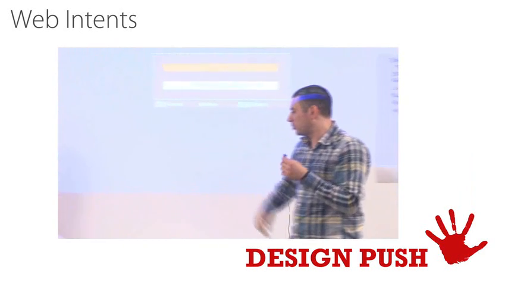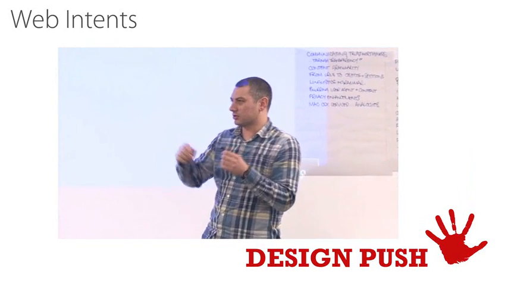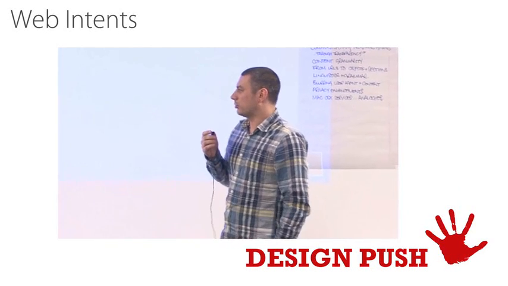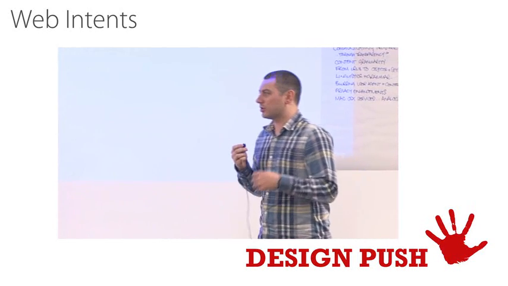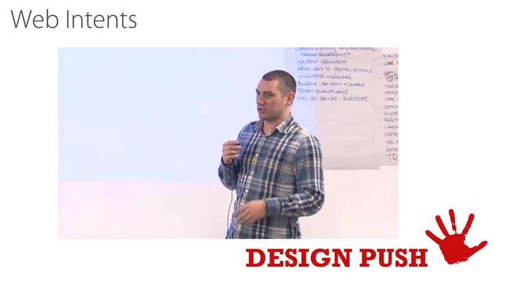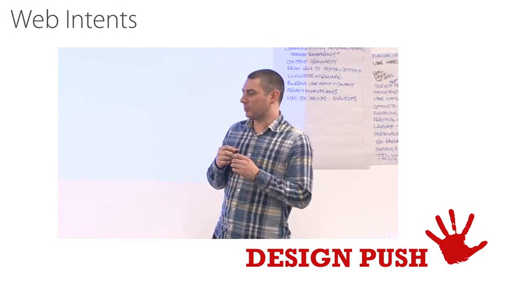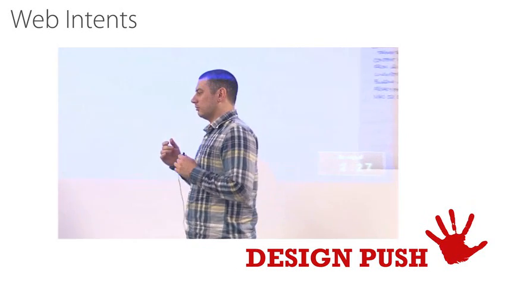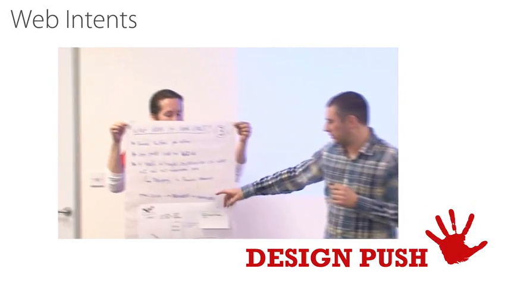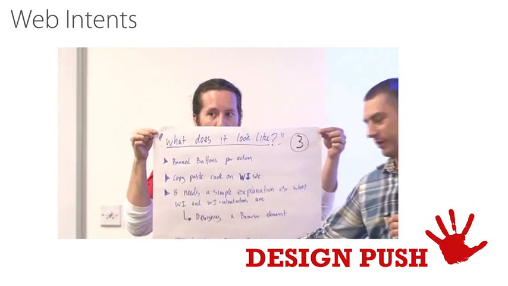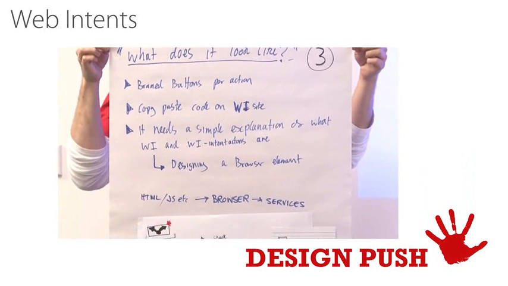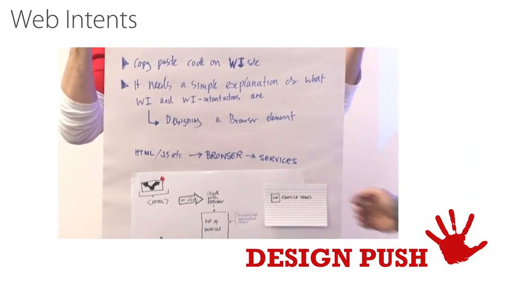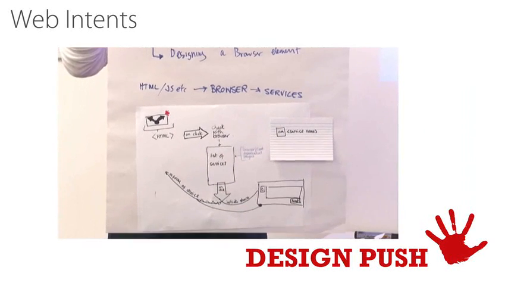So then the third point that we talked about touches on some of the stuff you were saying earlier, Andy, about what's the proposition and how do we explain it. It took us almost till the end of the day to understand how simple it is, and we came up with this little diagram to explain it: in actual fact it's an HTML action that invokes a browser overlay, which then goes off and calls a service and returns back a service.